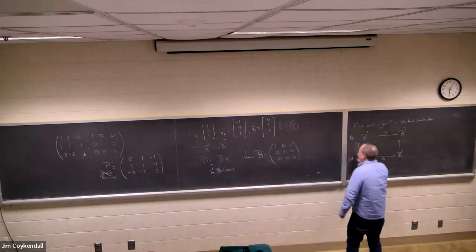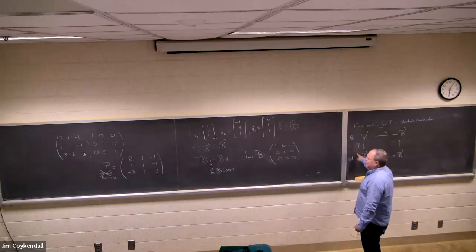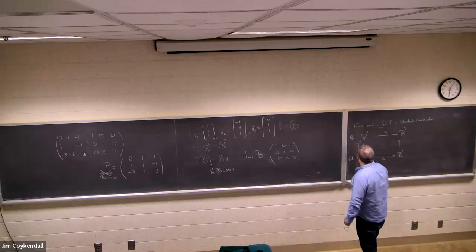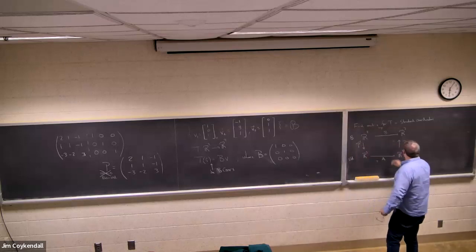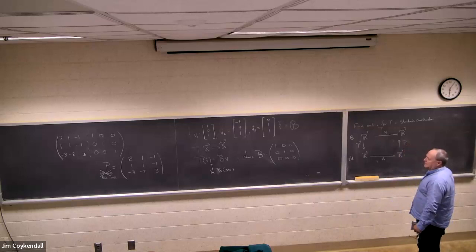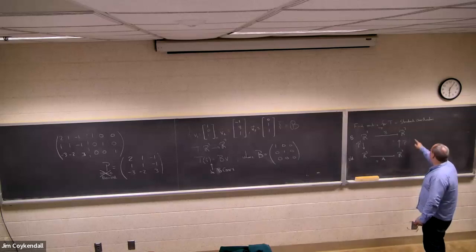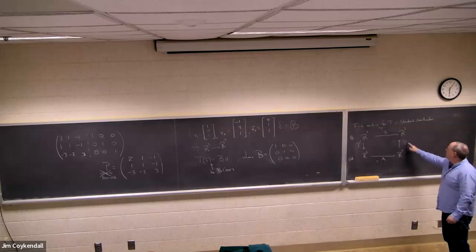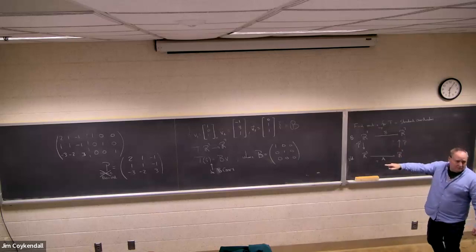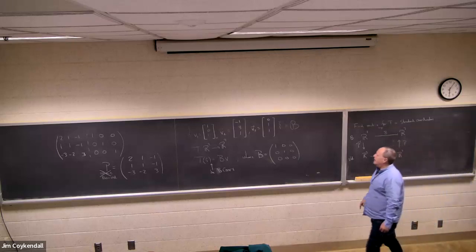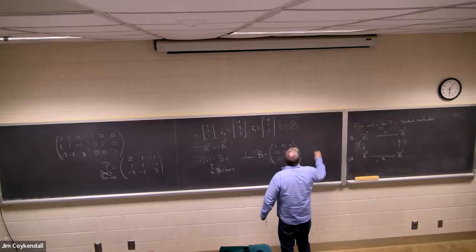So B to standard is P, and standard to B is P inverse. There we go. So this is the matrix that we found over here, right? And P inverse here.